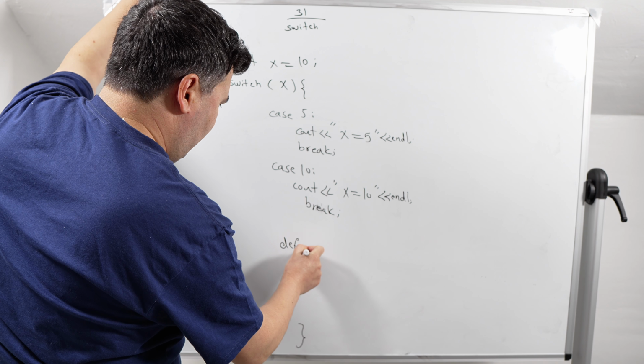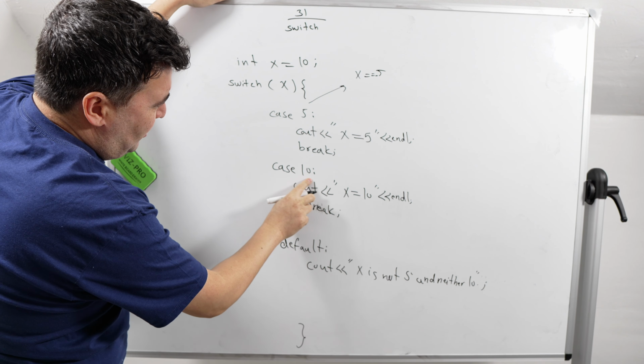What happens here, we check if x is equal to 5. So we check, is 10 equal to 5? No. So this part of the program will not be executed.